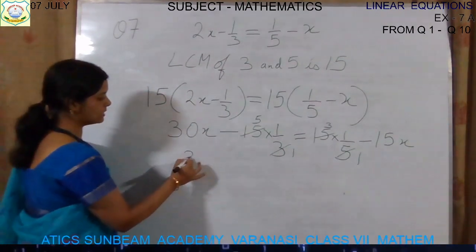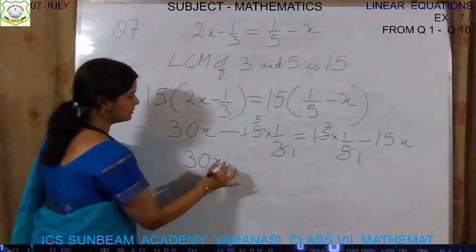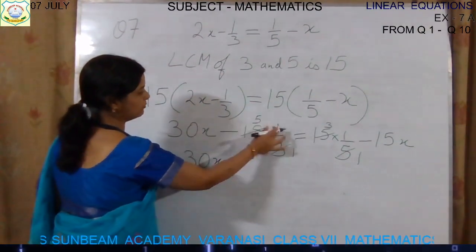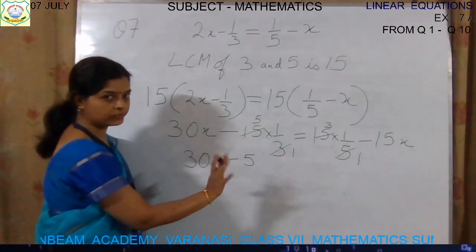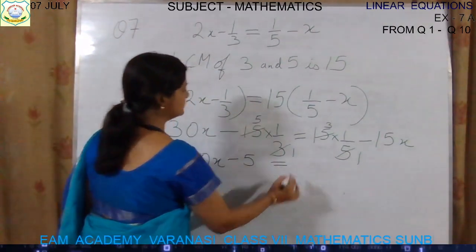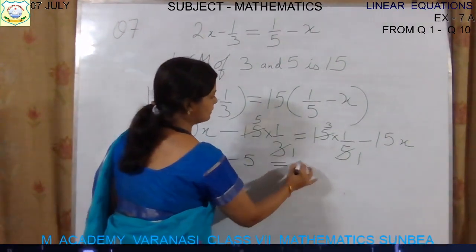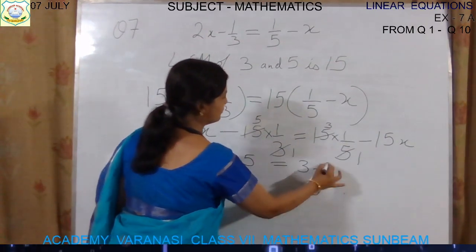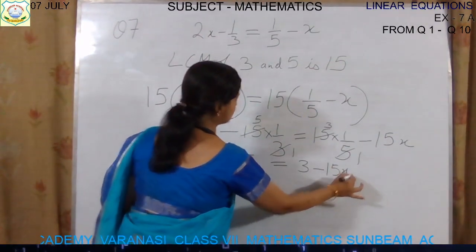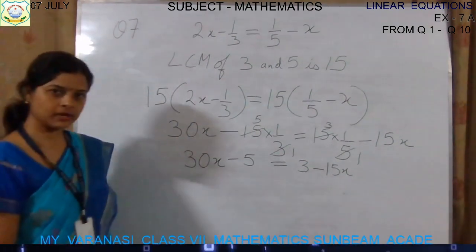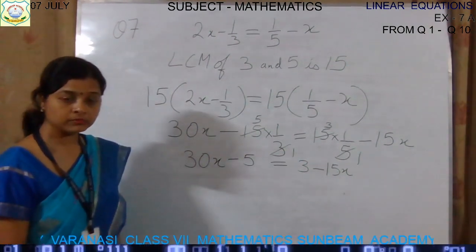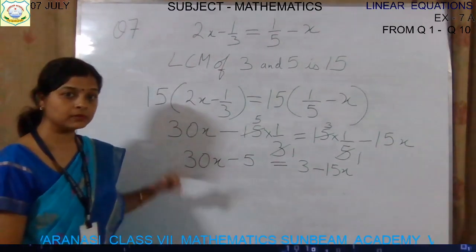How much is left now? 30x minus 5 ones are 5, 5, and in the denominator 1 is there, so no need to write, is equal to 3 ones are 3 minus 15x. Clear? Now it's easy. What is our next step? Come on.